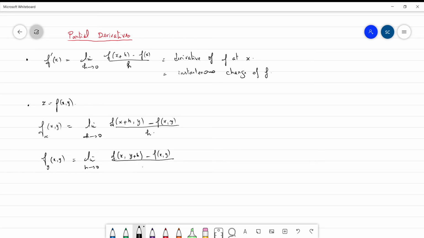So these are called partial derivatives. This one is called the partial derivative of f with respect to x, and here, this time, with respect to y.